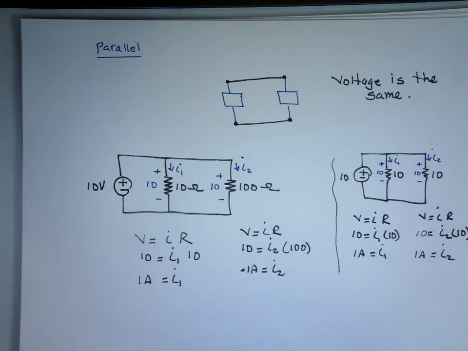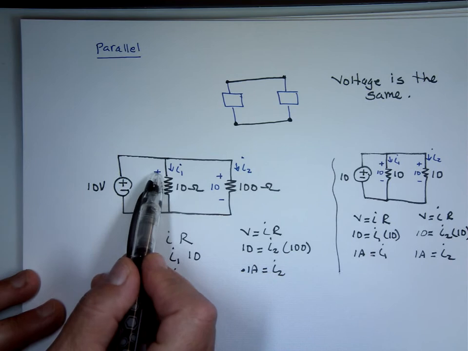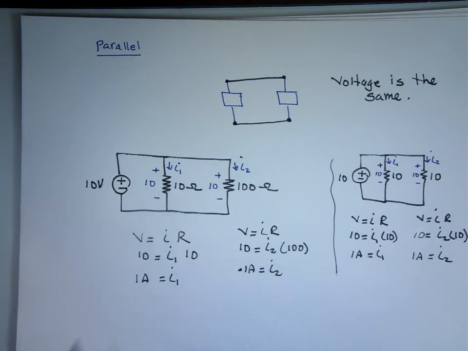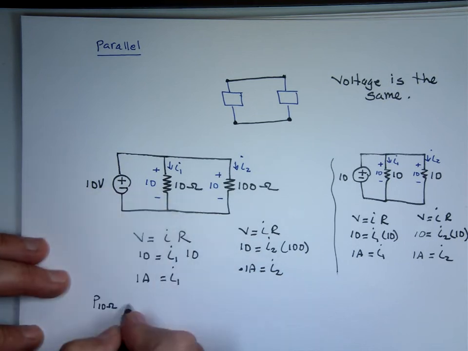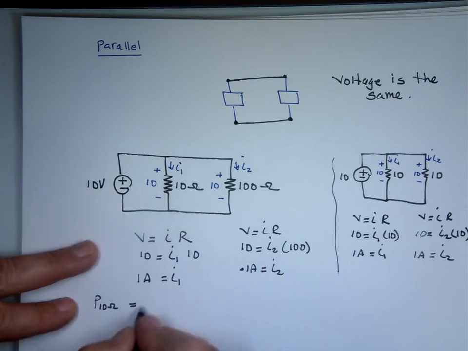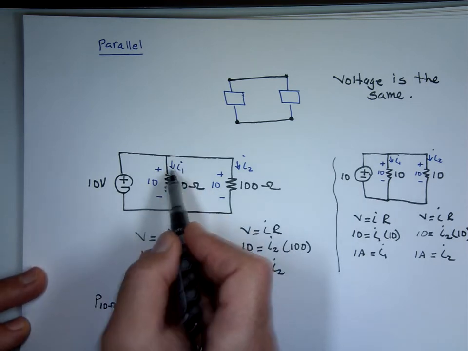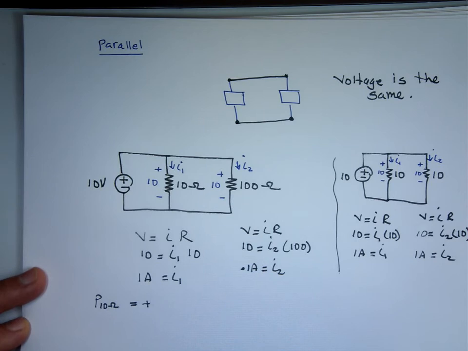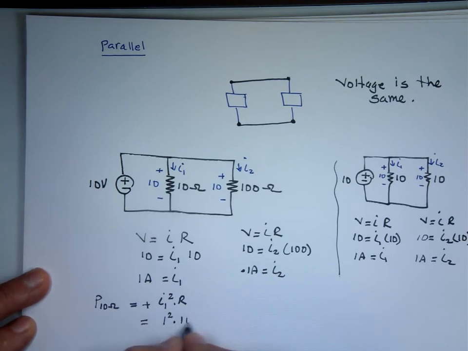Now, one more thing about this circuit, let's look at the power. We have a positive current entering the positive. So the power by the 10 ohm resistor, in this case, will be positive. It's being absorbed. Positive current, because the current is 1 amp coming down, entering the plus. It's I squared times R. I know I sub 1, which is what? 1, square it, times 10, which is what? 10 watts.